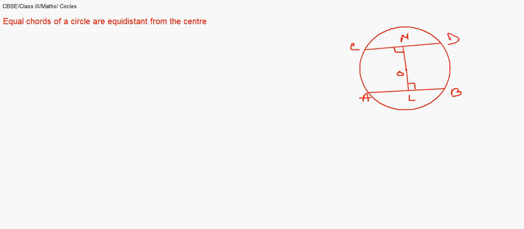So I write it as the solution. Once you write given, you'd write AB equals CD with center O. We also write OL perpendicular to AB and OM perpendicular to CD.